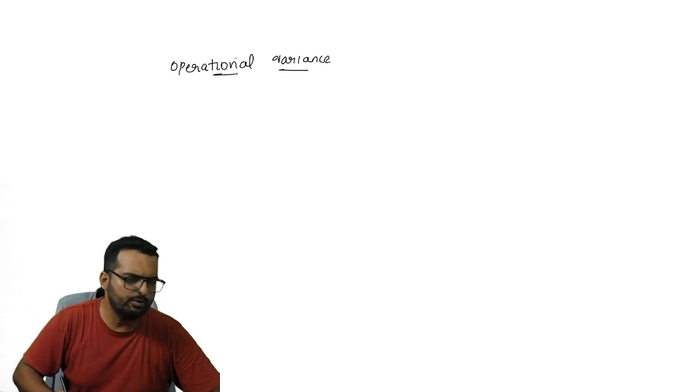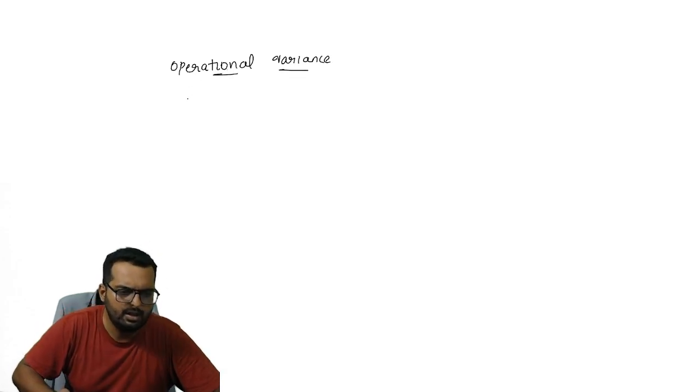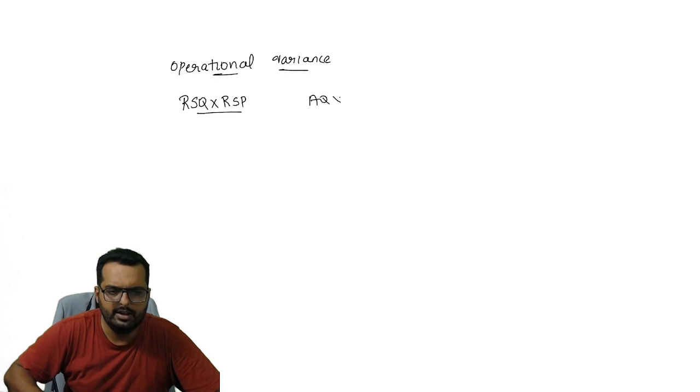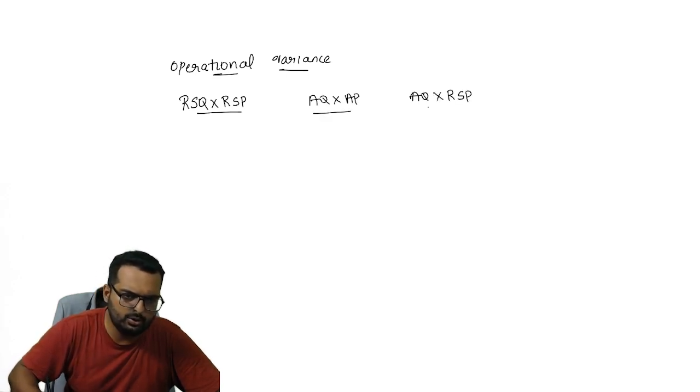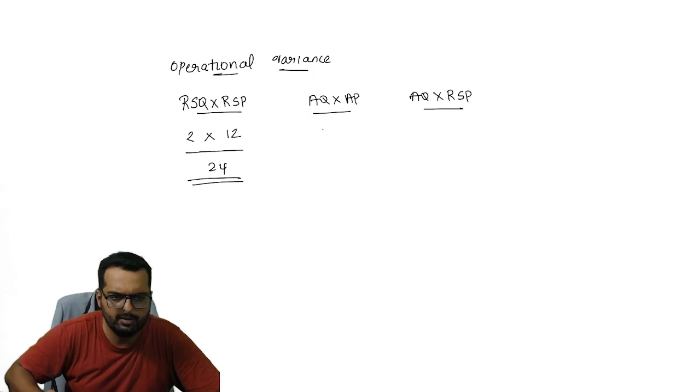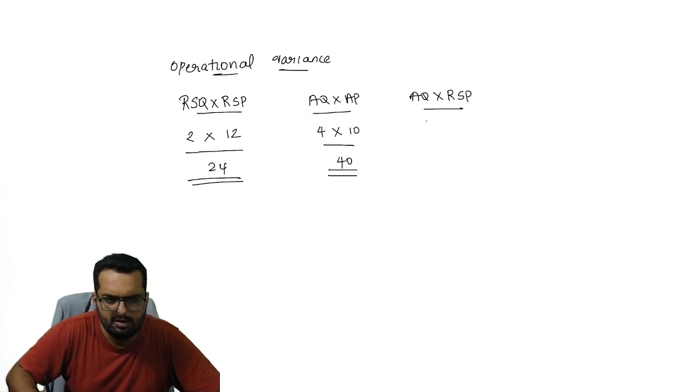All right. So here the table format will now turn out to be, I will not have SQ. I will have RSQ into RSP, AQ into AP, AQ into RSP. I hope you understood my logic now. So it will be 2 into 12, 24, 4 into 10, that is 40, and 4 into 12, that would be 48.